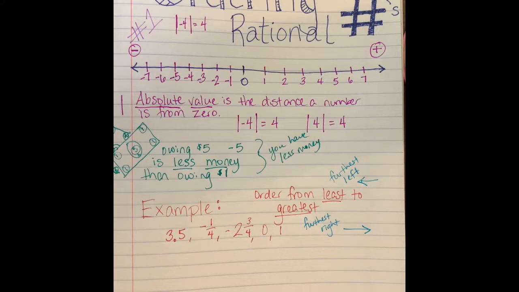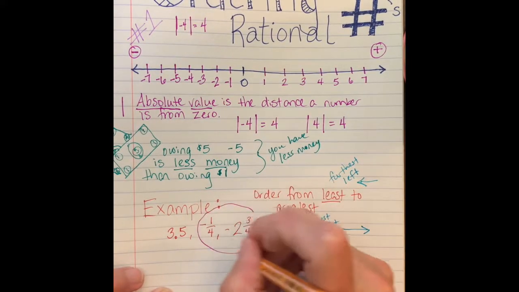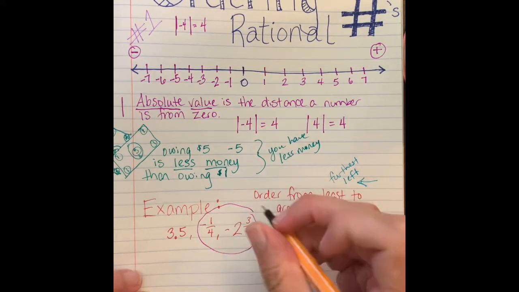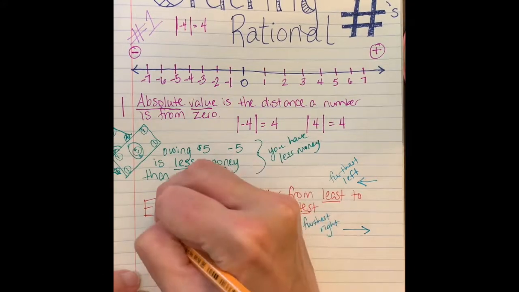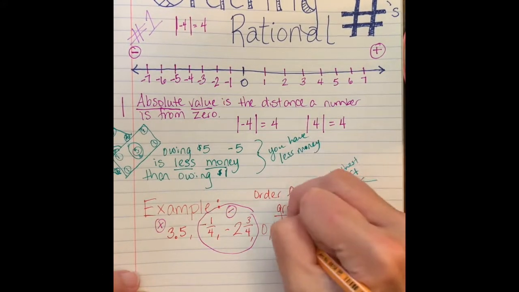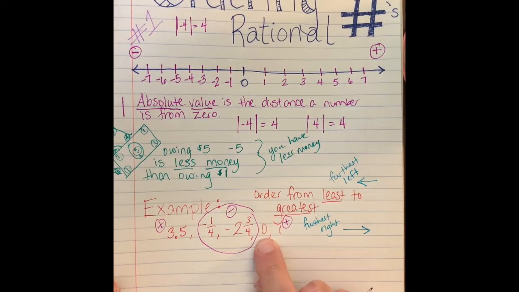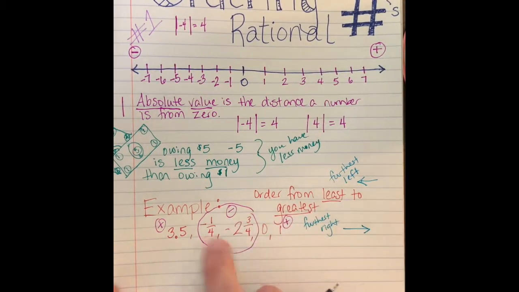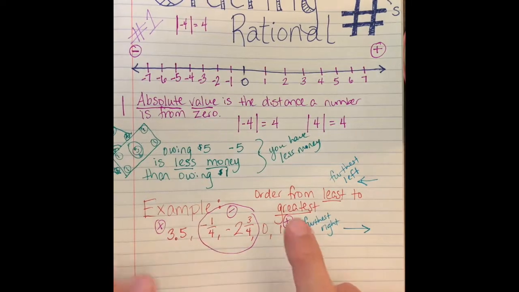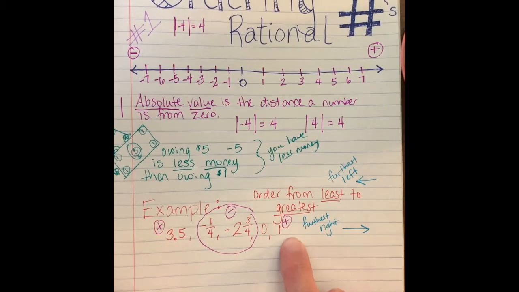So the first thing I would do is notice that I have two negative numbers, and so these are negative. I have a positive number over here and a positive number over here, and of course 0 in the middle. Furthest left is going to be these two negative numbers, and furthest right is going to be these two positive numbers.